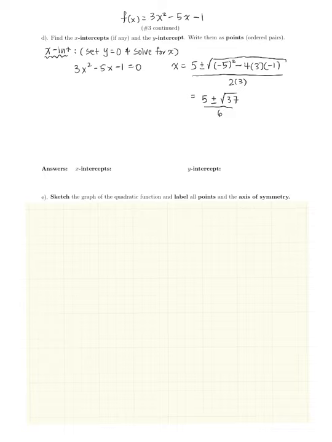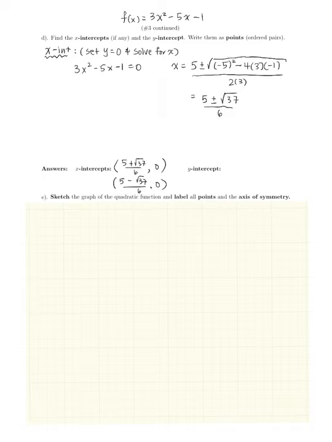So the first x-intercept is 5 plus the square root of 37 over 6, and the y value is always going to be 0 at the x-intercept. The next one is 5 minus the square root of 37 over 6, comma 0.